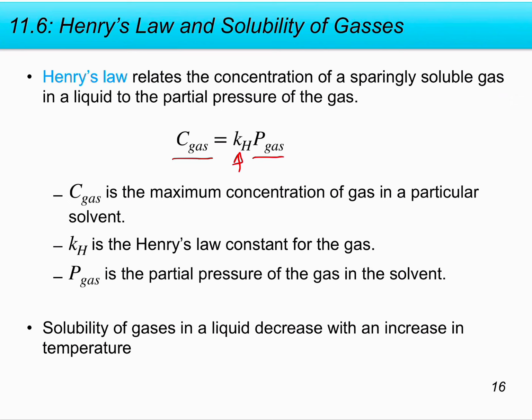So the hotter the earth gets, the hotter the oceans get, the less carbon dioxide they can dissolve. And that means more of the carbon dioxide that was dissolved in the oceans is going to be released into the atmosphere. So it's kind of like a cyclic effect.